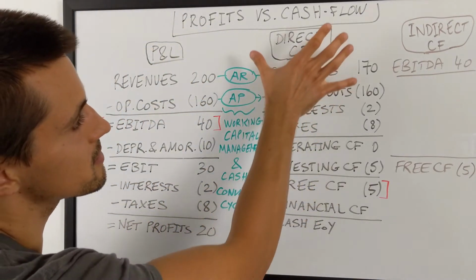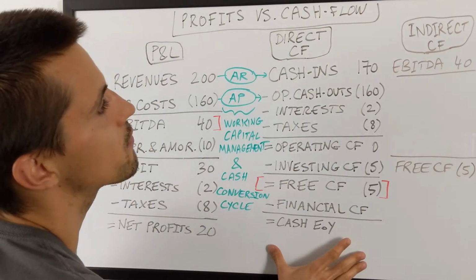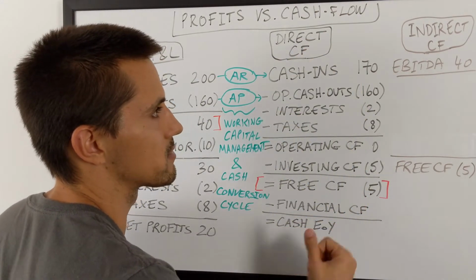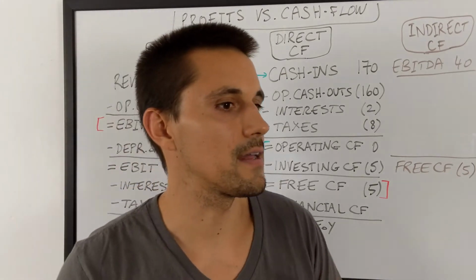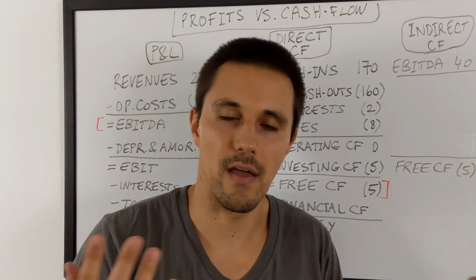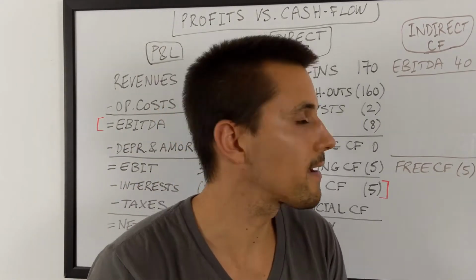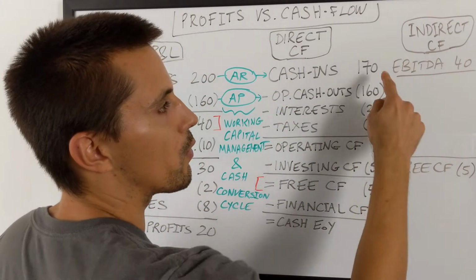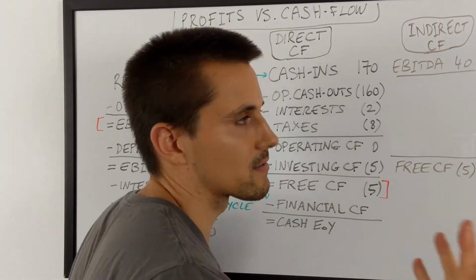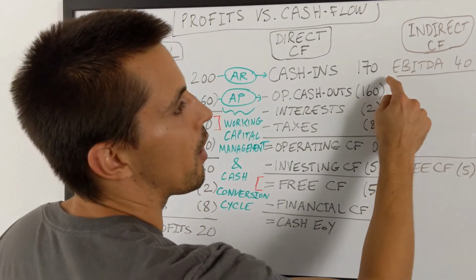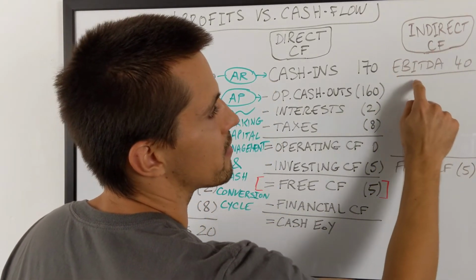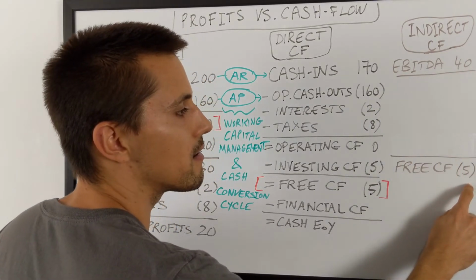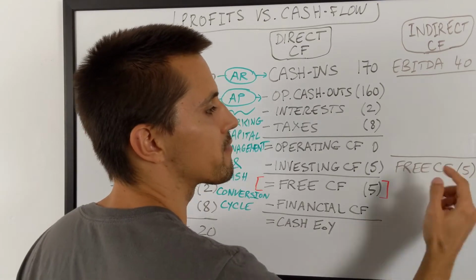So as I just mentioned here, we're talking about the direct cash flow, which means cash ins minus cash outs. What you will see in every investor report that every company is filing, you will always see an indirect cash flow, which exactly answers this famous question, how can I have 40 of EBITDA and only 5 of free cash flow?